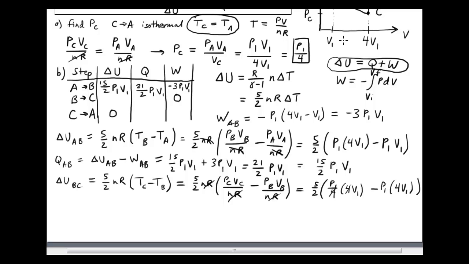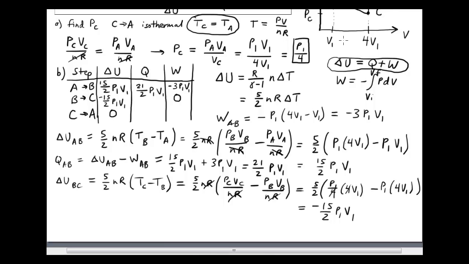Negative 3 times 5/2 is negative 15/2, so we get negative 15/2 P1V1 for delta UBC. All right, work is 0.